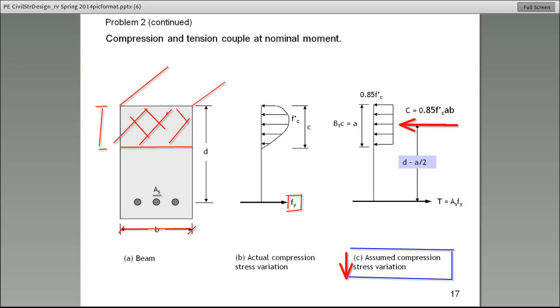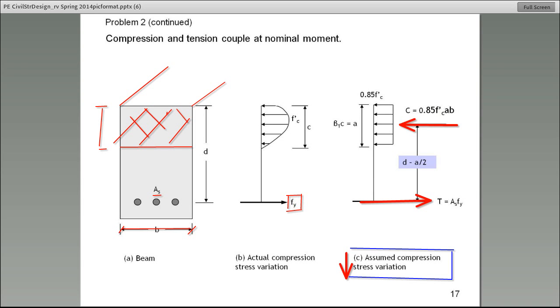Because that's one, the other one is here. So the total compressive force and the total tensile force, big C and big T, by the way, they have to be equal for equilibrium. So if they're equal and each one is acting in a different direction, what is that called?